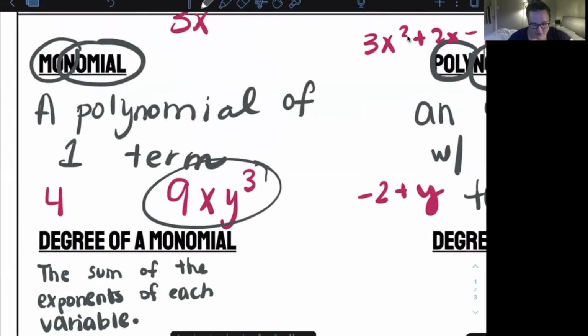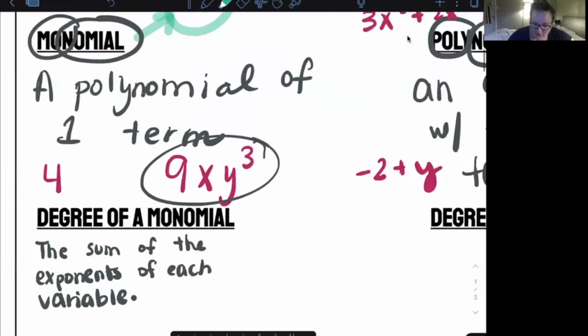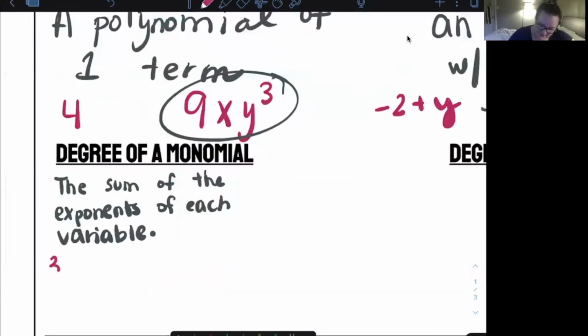So when I talk about the degree of, let's start with the 3x squared. So 3x squared was an example of a monomial. The degree of 3x squared is 2, because 2 is the only exponent of a variable. And so the sum of 2 is just 2.